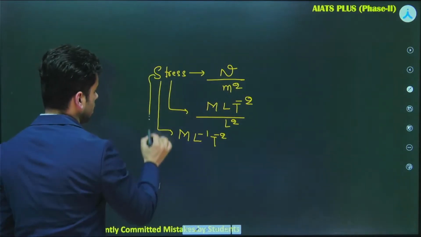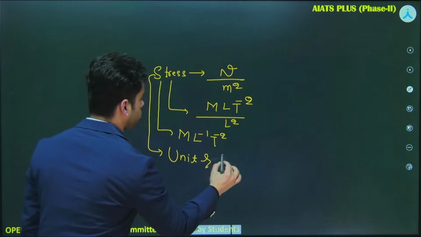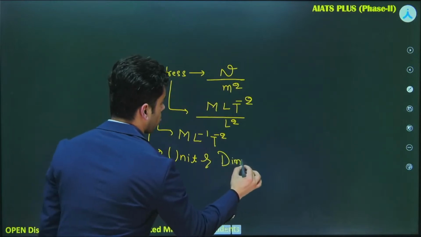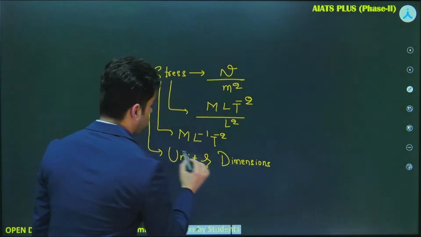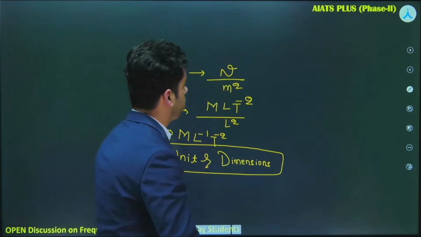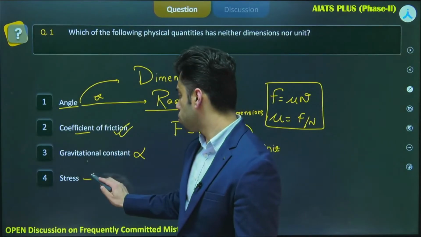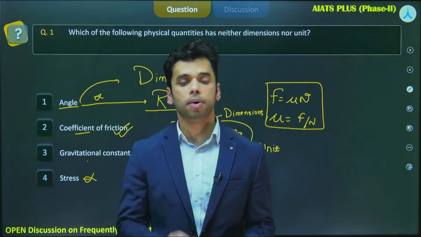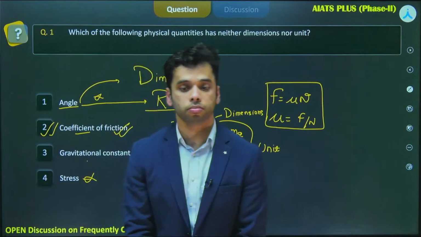So stress has a unit and it has dimensions also. So there is a unit as well as a dimension, which means that stress cannot be the correct answer also. So the correct answer to this problem is coefficient of friction, that is option 2.